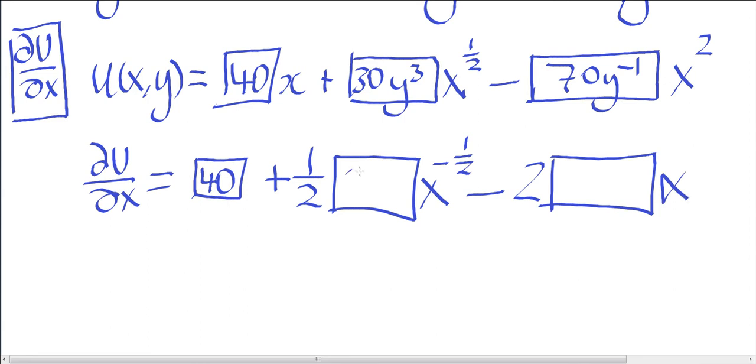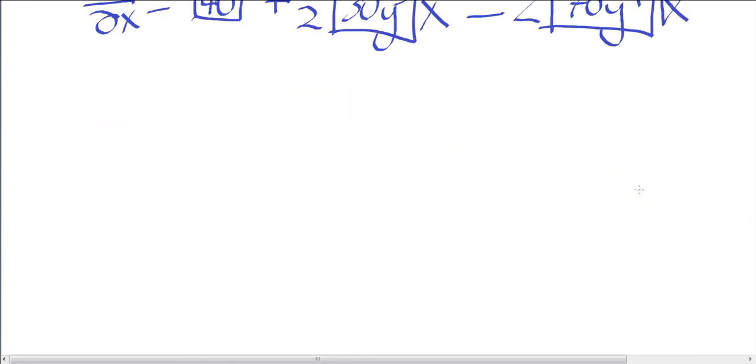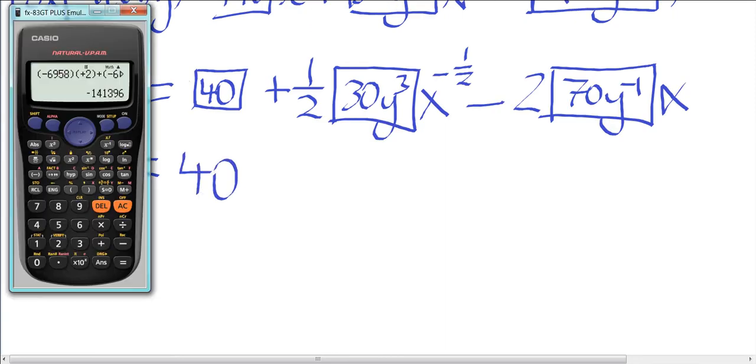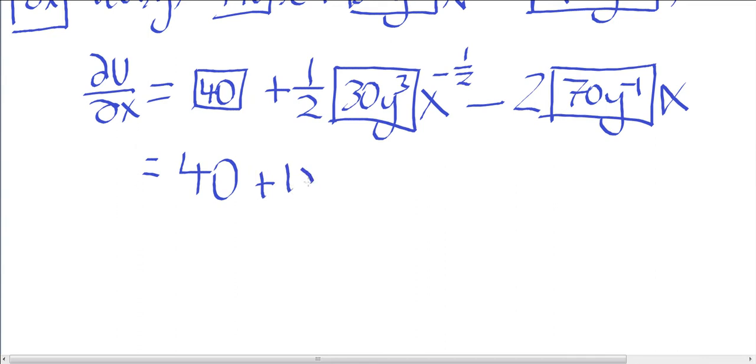Put everything back in the box again, 30y cubed, 70y to the minus 1, and start to clean up a little bit. Okay, so I have 40 by a half, which is 20. Now, if you're not 100% sure what a fraction by a number is, just go over and type it in the calculator. A half by a 30, all I'm going to get is a 15, plus 15, and the letters stay where they are.